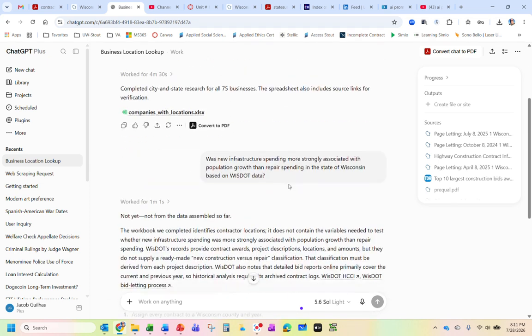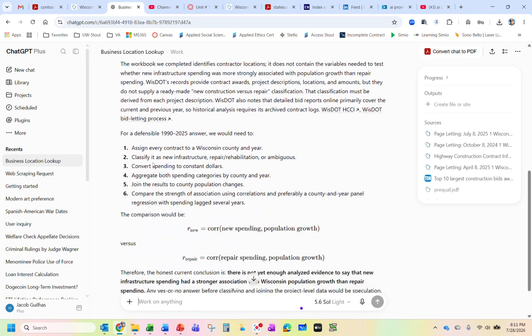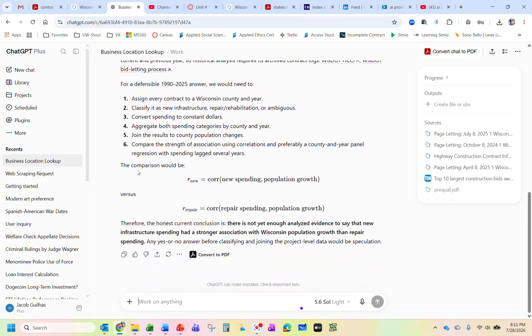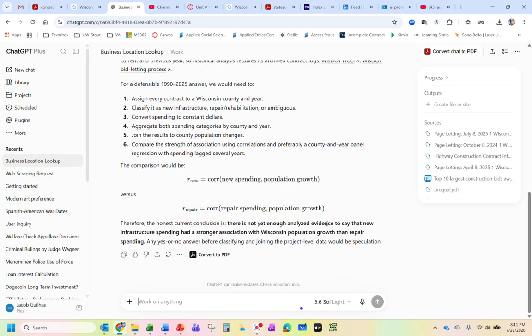So what it's telling me is that I need to go through and find all of this information. Then we would compare the correlation of new spending and population growth versus the correlation of repair spending and population growth. So that's what we would want to do through this.